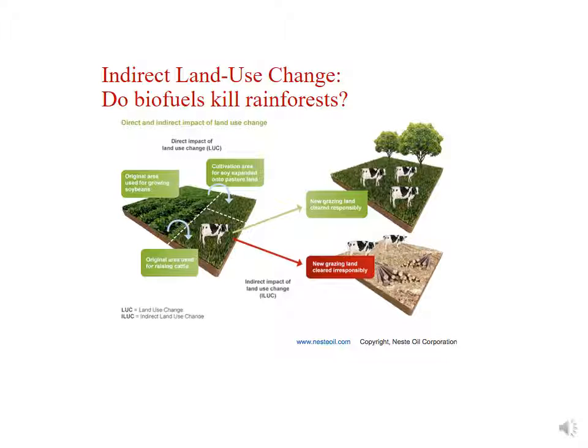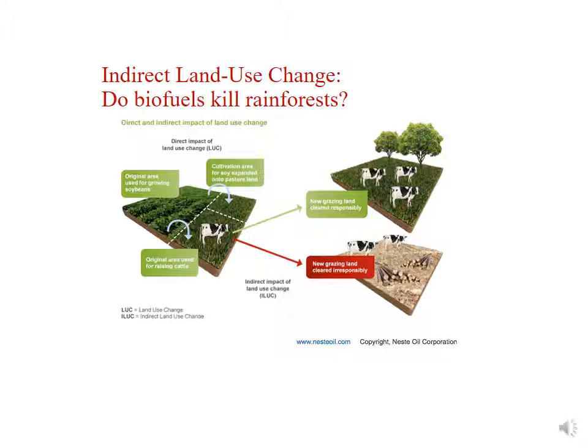Now, assuming that there's enough pasture land or excess pasture land around the world, a responsible change would be that another nation or another region will start grazing pasture or clear land somewhere else to grow soybeans in a responsible manner.